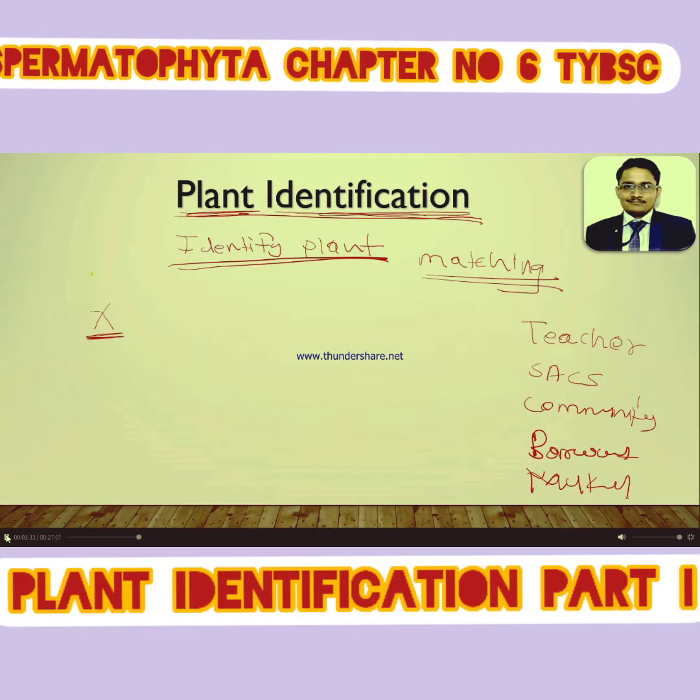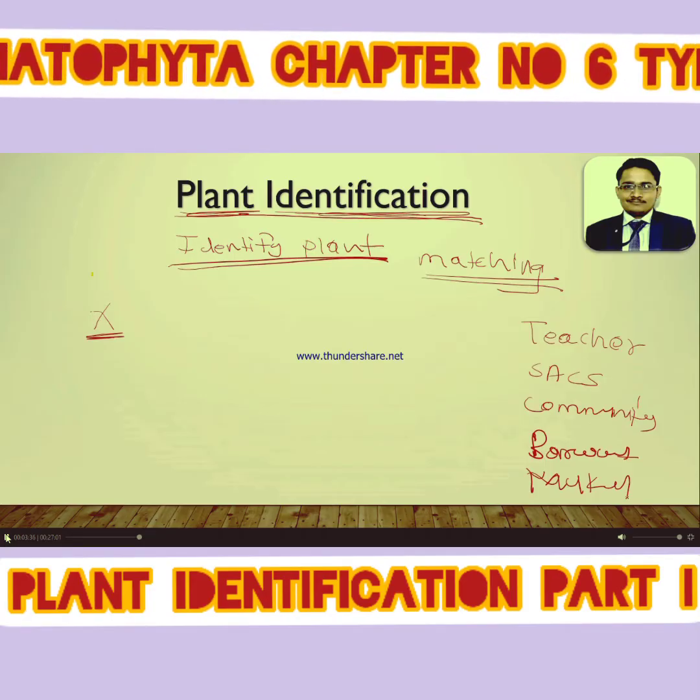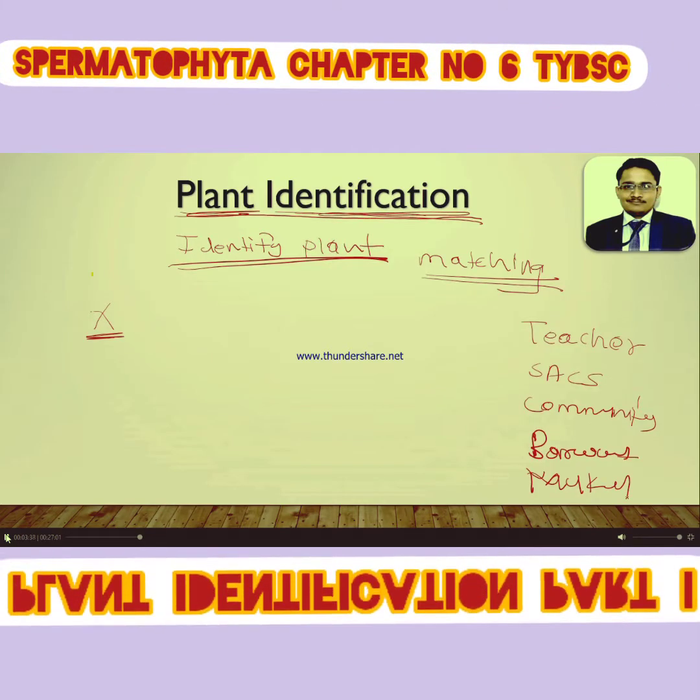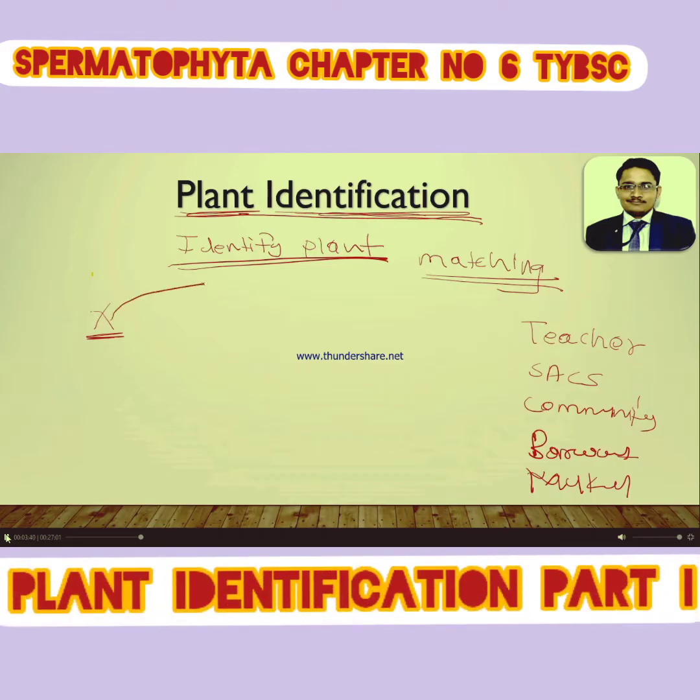In the same way for a plant, for example X plant, we should identify it. What do we identify? We should first determine its kingdom.